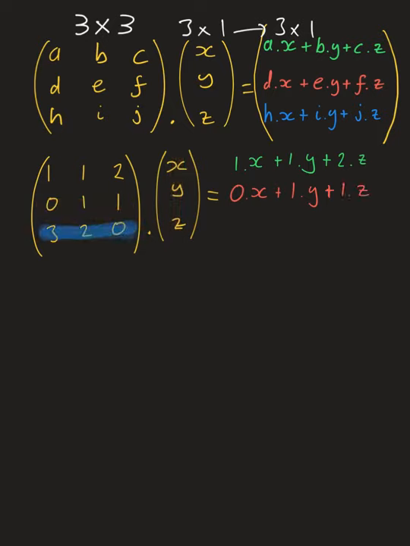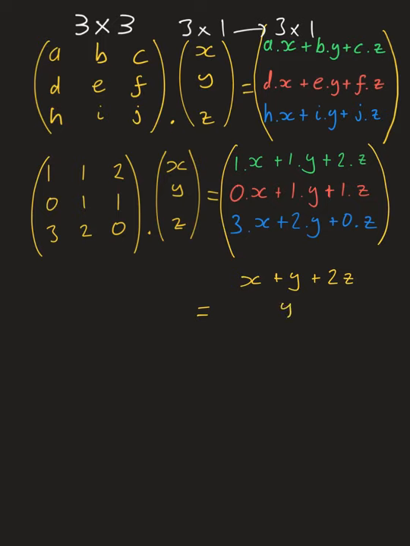Our third element comes from the third row and that column again. So it's 3 times x plus 2 times y plus 0 times z. And now we just tidy that up to get our final answer, which is a 3 by 1 matrix, or a column vector. Same as the size of that matrix on the right, that other column vector.